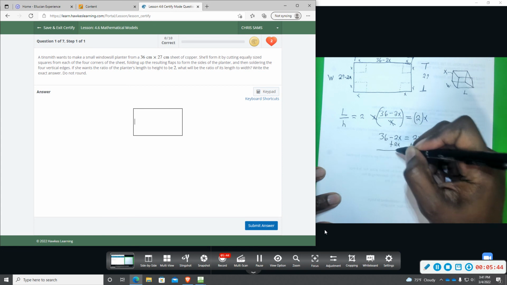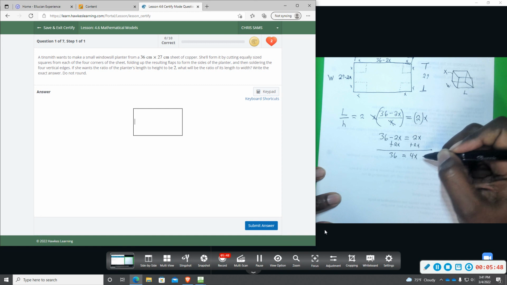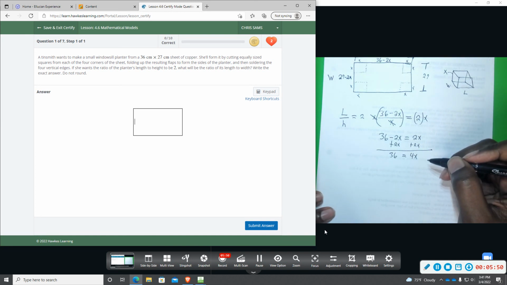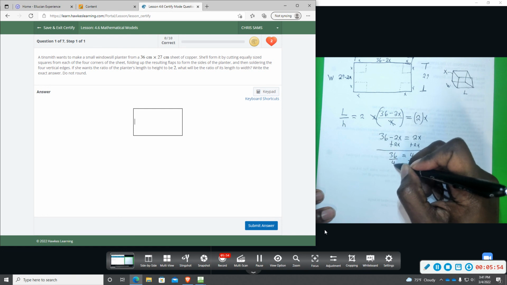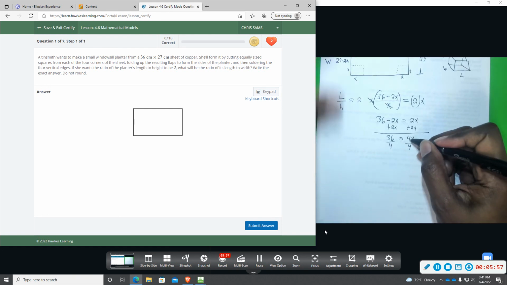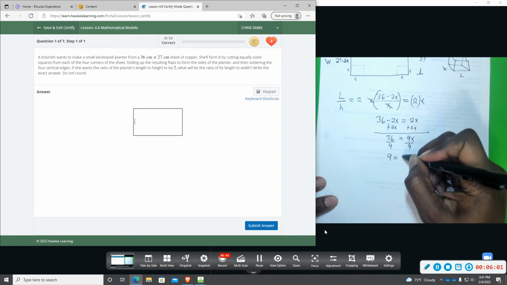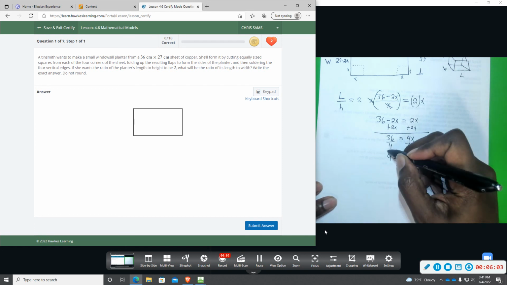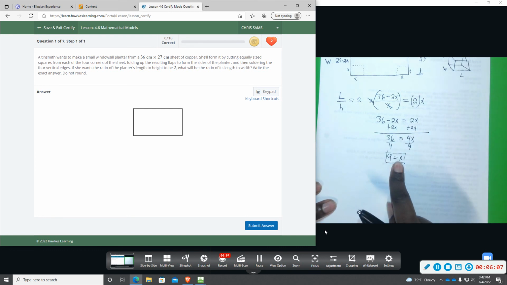And that's going to leave us with 36 equals 4x. And then we're going to divide by 4, that will give us 9 equals x. So x, which represents the height, is equal to 9.